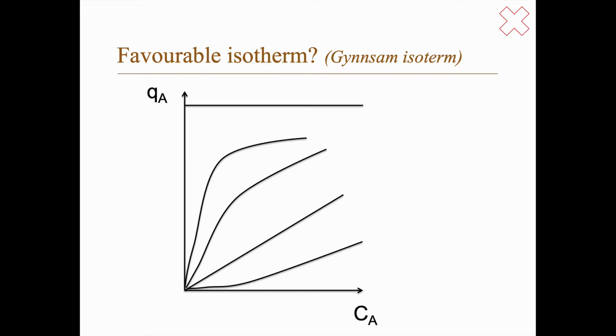One thing that will be important in this course is to distinguish between favorable and non-favorable isotherms. So what is that? In Swedish, gynnsam isotherm. Well, the relation Q as a function of C can look in different ways. So here are some different examples. And the one up here, that's an irreversible thing.